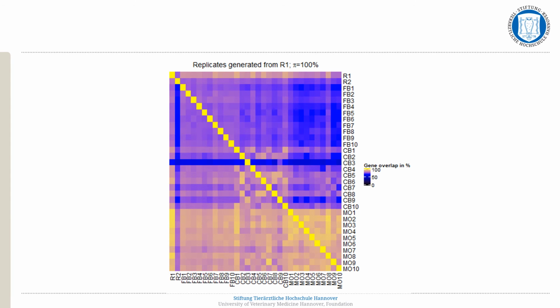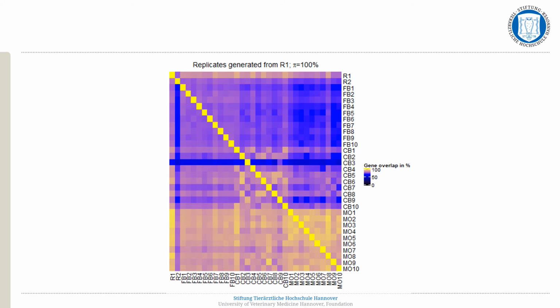Next, we can take a closer look at the detected genes. We filtered the results for significant differentially expressed genes. In this case, a gene is considered differentially expressed if its adjusted p-value is less than 0.05 and its absolute log2 fold change is greater than 2.